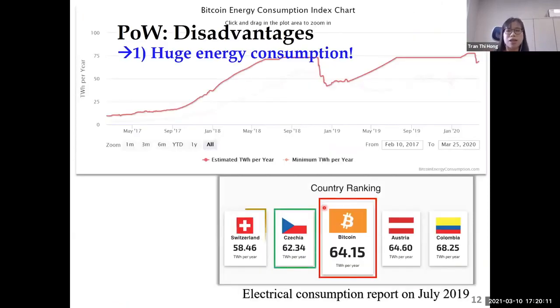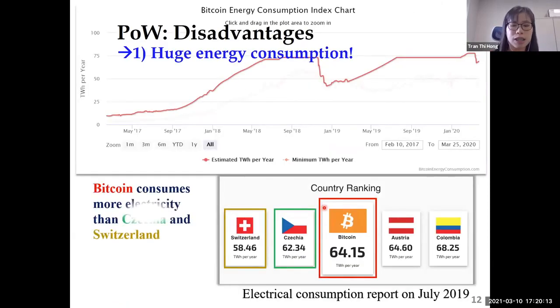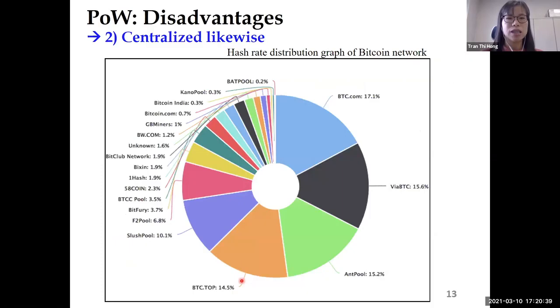Also because of that, the current proof of work has two main disadvantages. The first is very huge energy consumption. As you see, this is a report of the energy consumption of the Bitcoin network. It consumes even more electricity than several countries like the US or Switzerland. The next disadvantage is centralization.